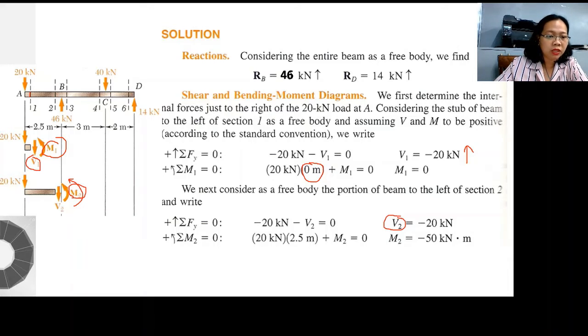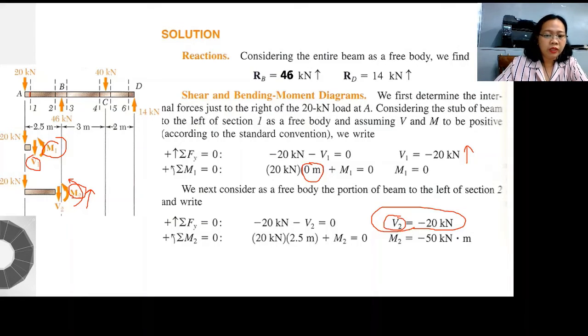So negative 20, and the answer is negative 20 kilonewton. So therefore, our assumption that V2 is going down should be negative 20, meaning our V2 is going up. Okay, and the moment at this point, summation of moments here is equal to 0.